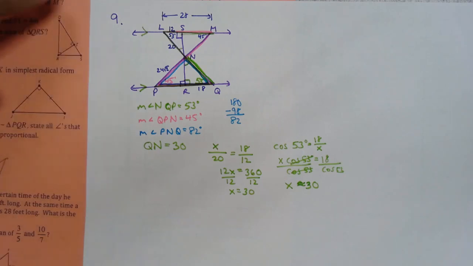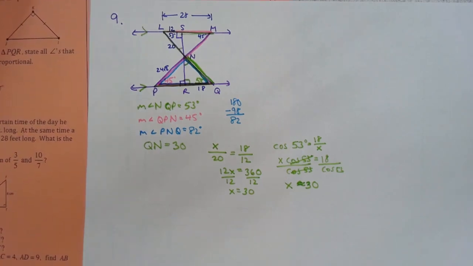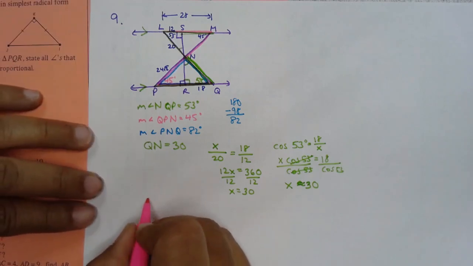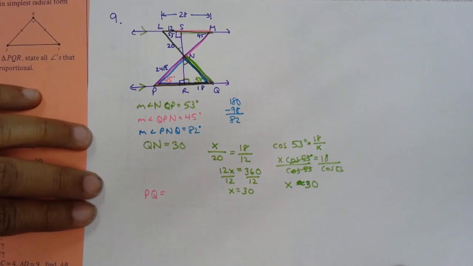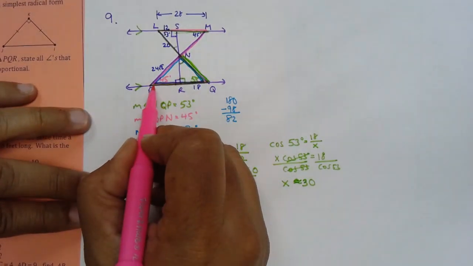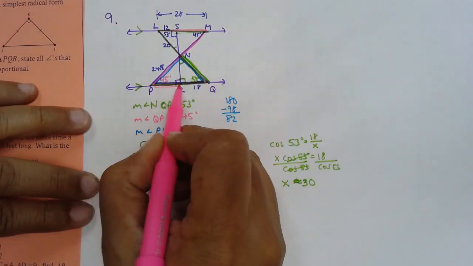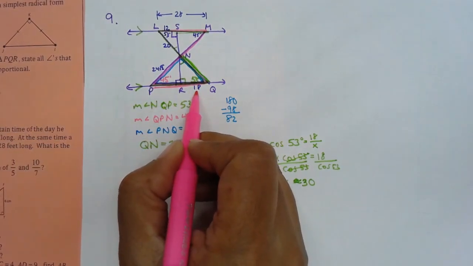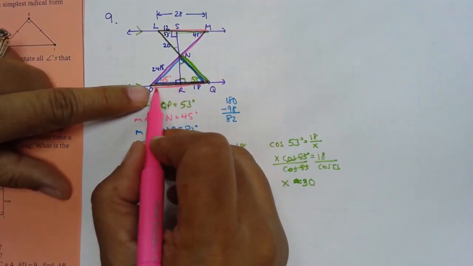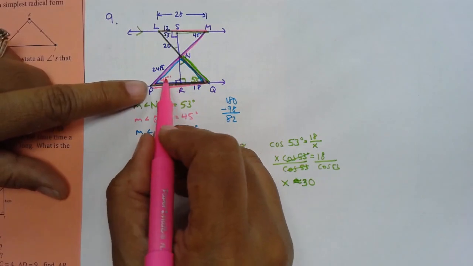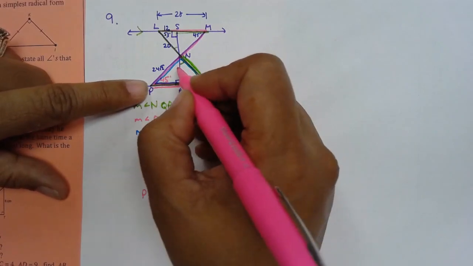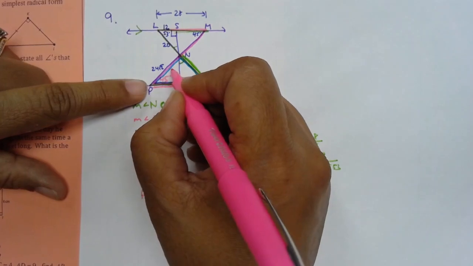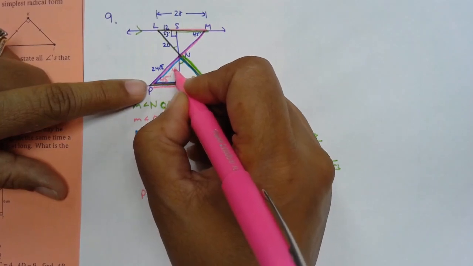Let's go ahead and go to the next value that we have to solve for, which is PQ. So PQ is looking at this full length across the bottom here, P all the way to Q. Well, I have part of it, that's 18. So if I can find PR, I am good. Now I notice I had a 45 triangle here. So this is one of my special triangles, 45, 45, 90.